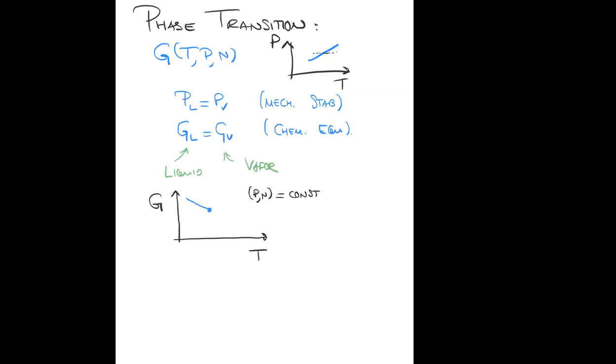For derived quantities like the density to jump, there must be some change in slope of the function at this point. So there must be some behavior like this. At the critical point for the phase transition, the function g itself must be continuous, it cannot jump, but the derivatives in general do jump.